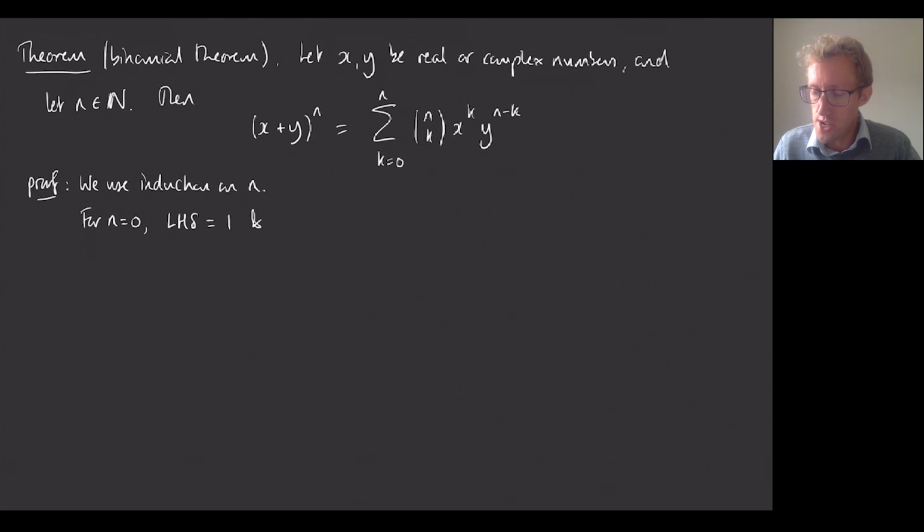Well, 0 choose 0 is 1, and x to the 0 and y to the 0 are also 1, so the whole thing is just 1. Okay, so it works. 1 equals 1. So it's true for n equals 0.